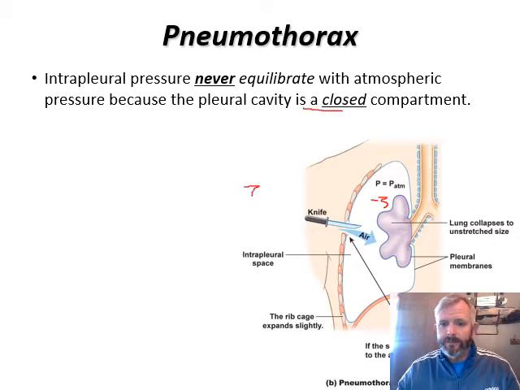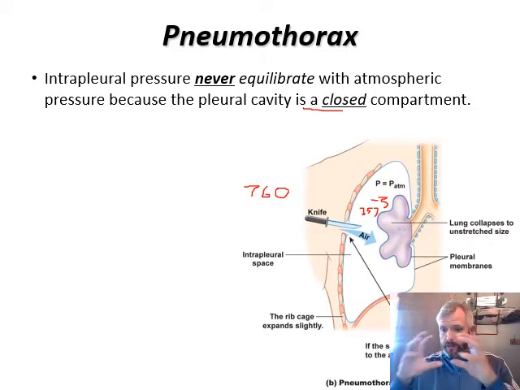The pressure is atmospheric out here, and that would create an atmospheric pressure in the intrapleural space. So this intrapleural space would be 760, and say this would be 757. Now where's the higher pressure? The higher pressure is in the intrapleural space. The lungs won't stay tethered, and that allows the lungs to recoil.